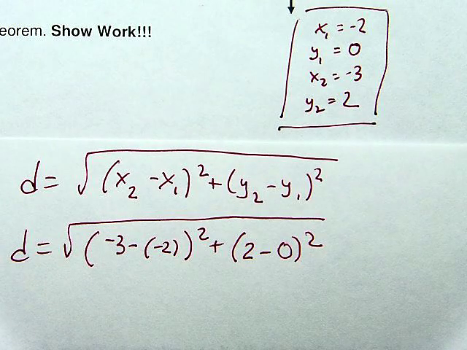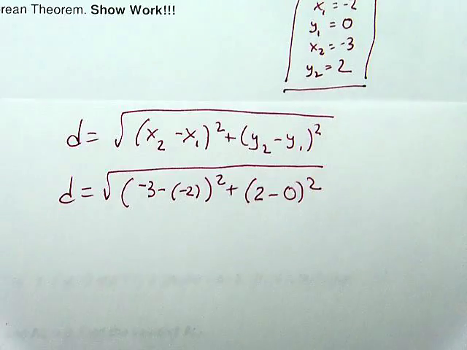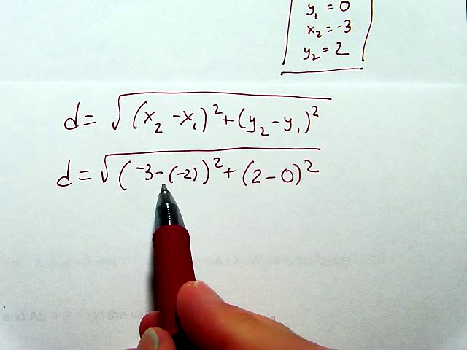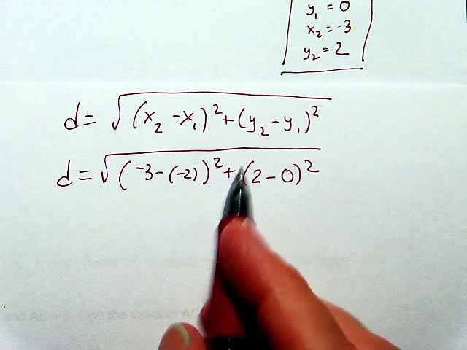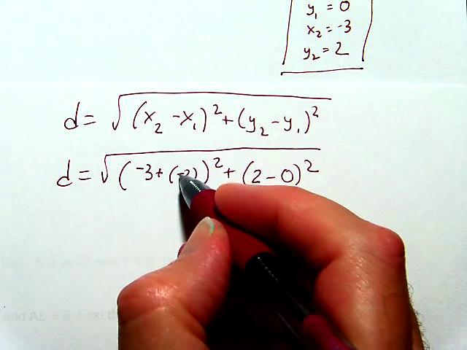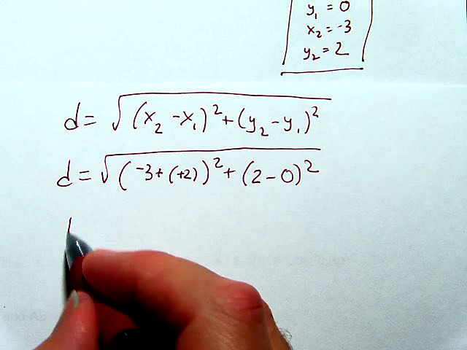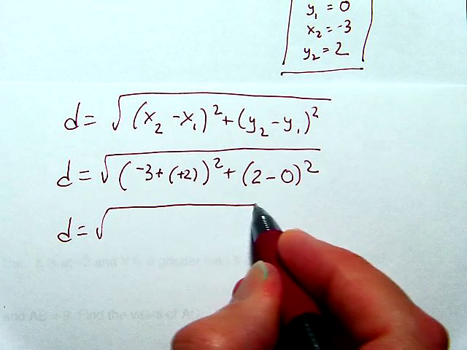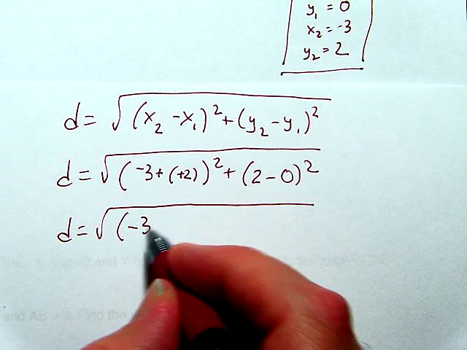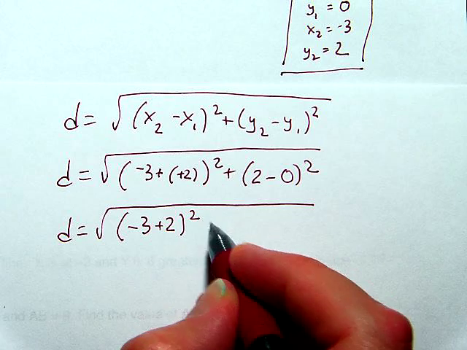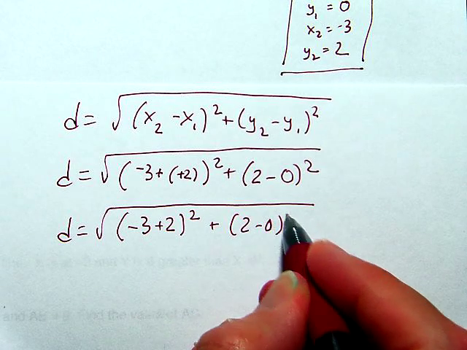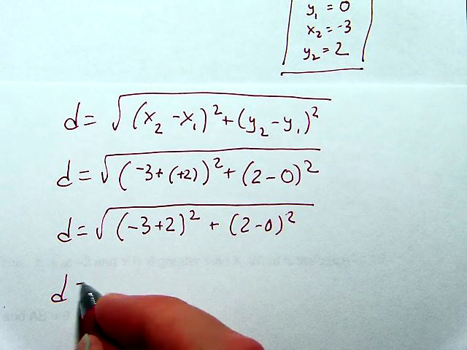Now let me simplify a little bit here. We've got -3 minus a -2. The 2 minus signs become positive. As you know, subtracting a negative is the same as adding a positive. So that gives us -3 plus 2 squared plus 2 minus 0 squared. So now let's continue to simplify.